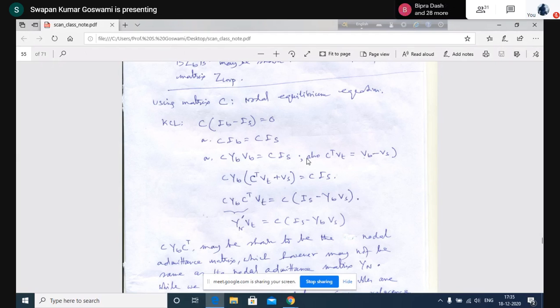Both are admittance matrices, but the one formed previously using the A matrix is a conventional nodal admittance matrix where a particular node is taken as reference. In this case, that particular node is not common, so this admittance matrix is related to the cut set. This is the cut set admittance matrix, which multiplied by the tree branch voltage is equal to C times IS minus YB VS.